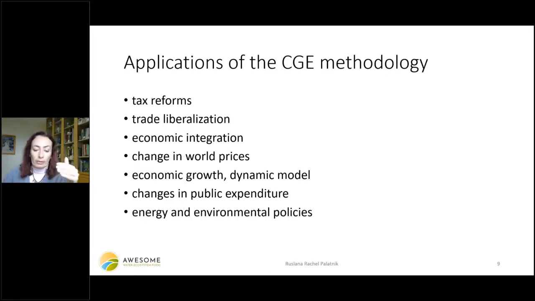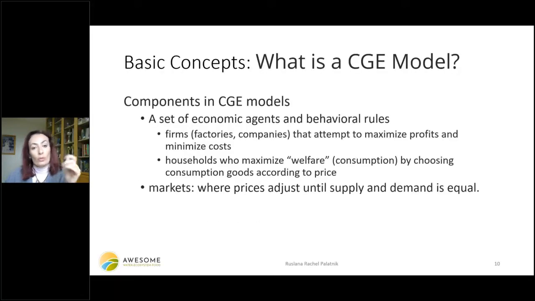And in the recent few decades or so, they are widely employed for energy and environmental policy analysis and climate change impact, as well as adaptation and mitigation policies, which is also what I am focusing on in my modeling work.